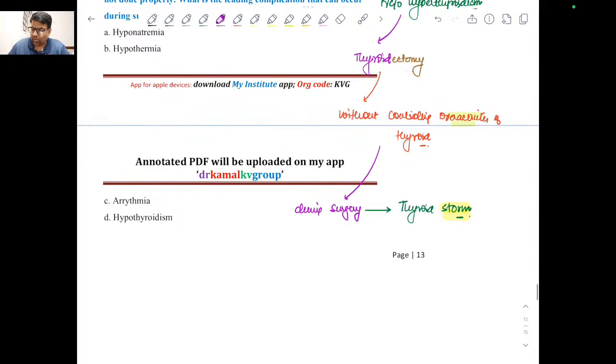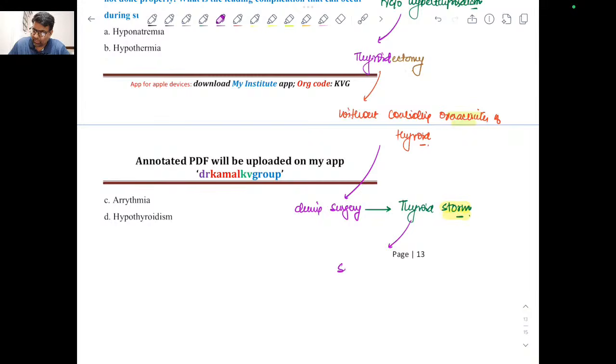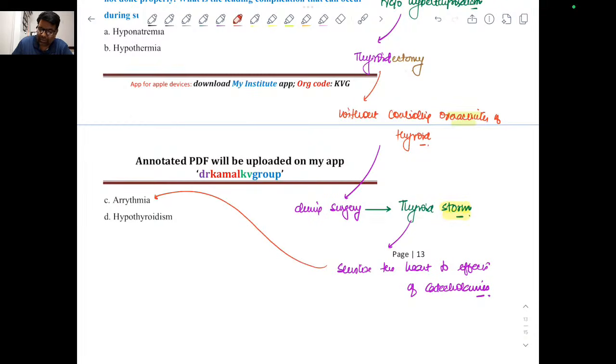This increased thyroid hormone will sensitize the heart to effects of catecholamines, right? And because of this, what will happen? Tachyarrhythmias. So there will be arrhythmia.